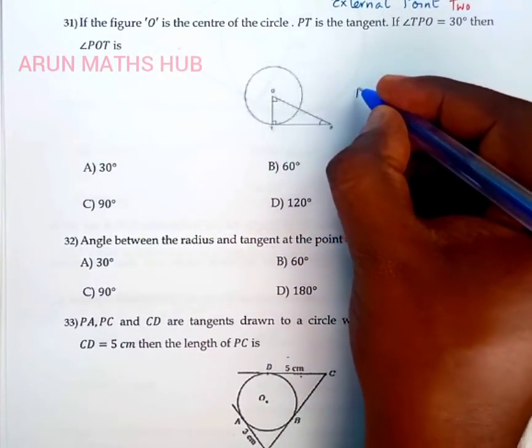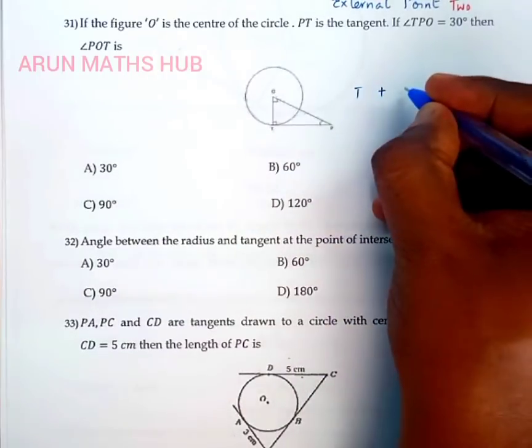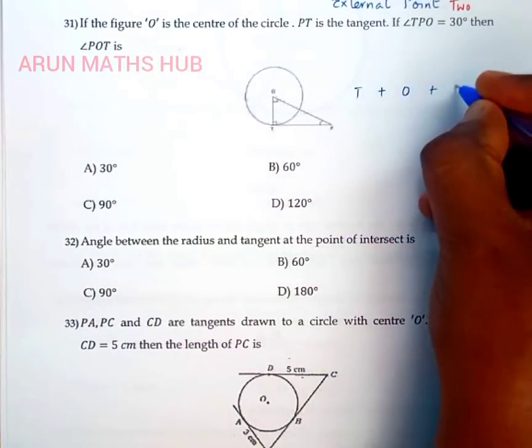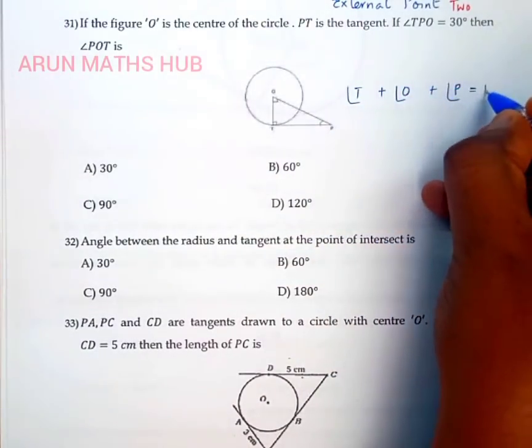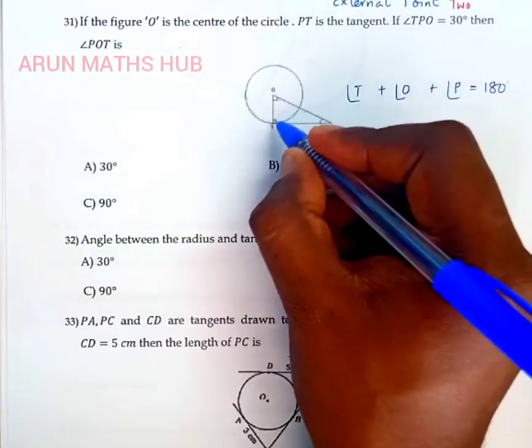Therefore, angle T plus angle P plus angle O will be equal to 180 degrees.